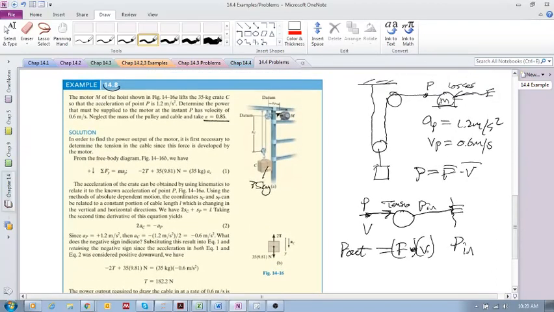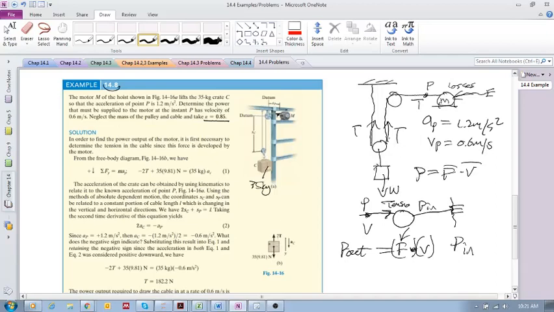So, we have the velocity, we're looking for the force at P. What is the force at P? It's a tension in the cable. How are we going to find that? Well, we could draw a free body diagram of this crate, which we do here, and we can see that upwards we've got T, and down we've got weight. Okay?